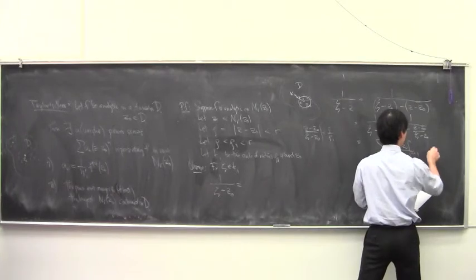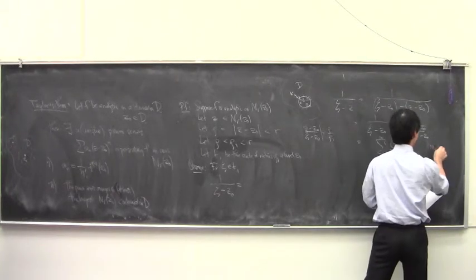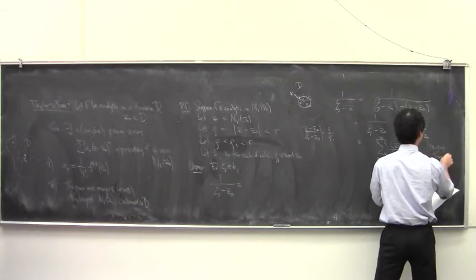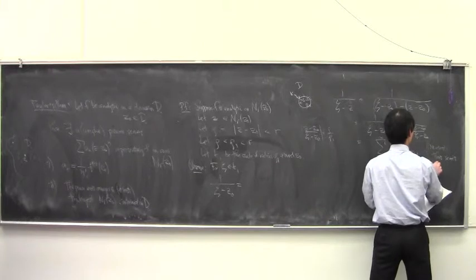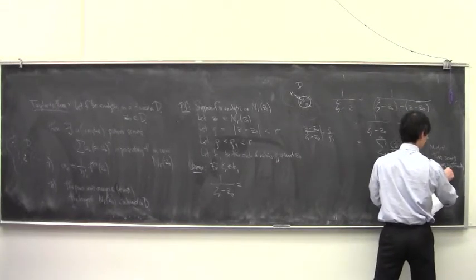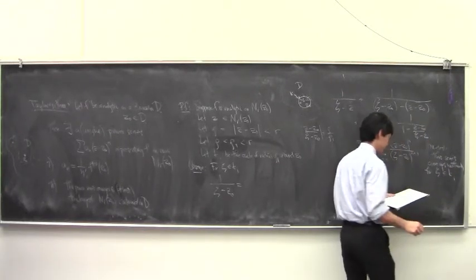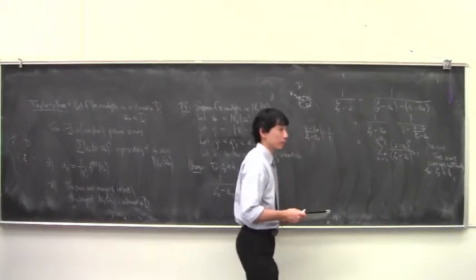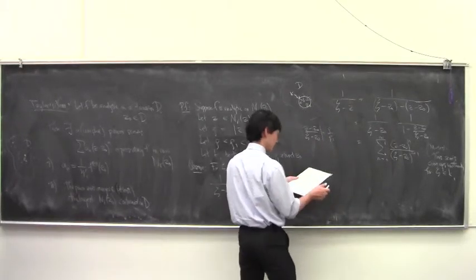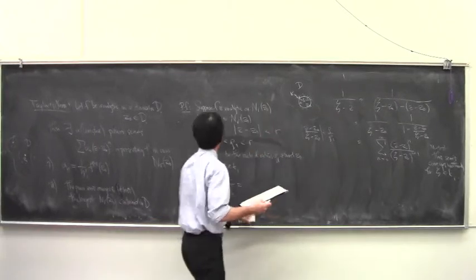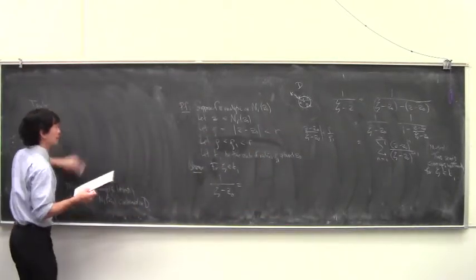And as a consequence of the M test, this series converges uniformly for zeta on K1. I'll leave that as an exercise, but it's immediate. Okay, so now let's use Cauchy's formula.